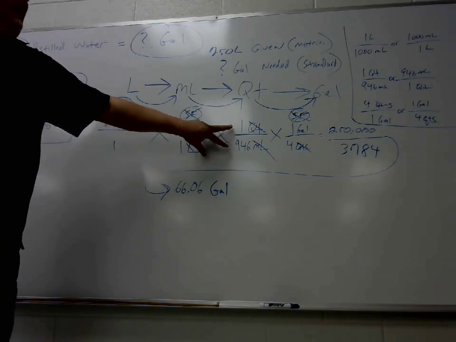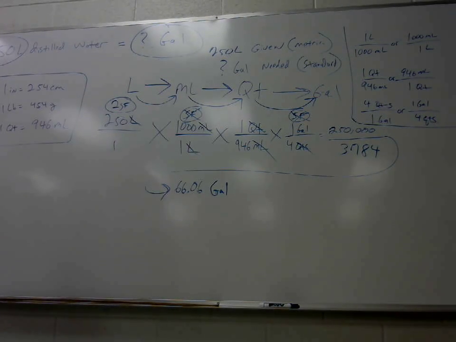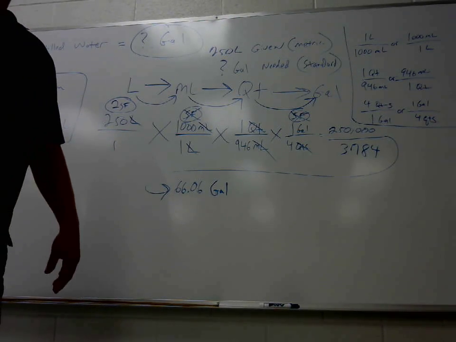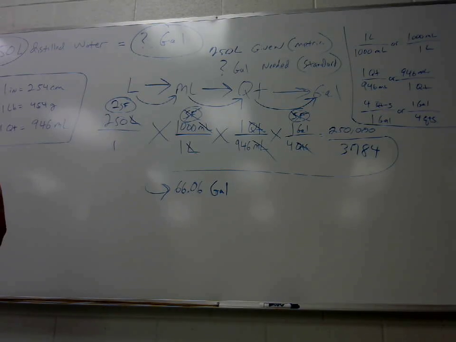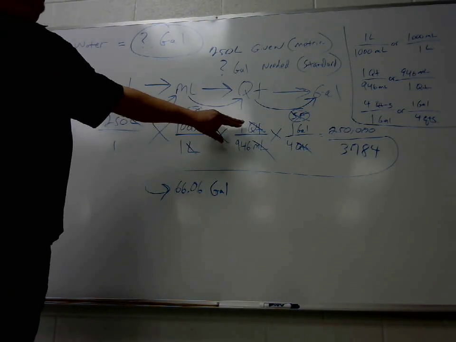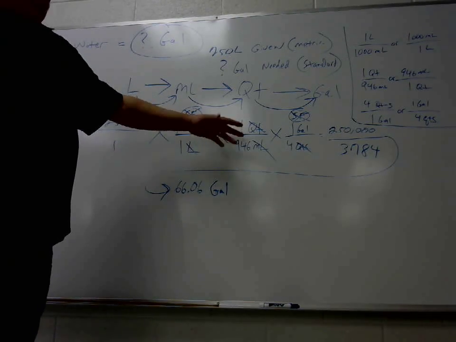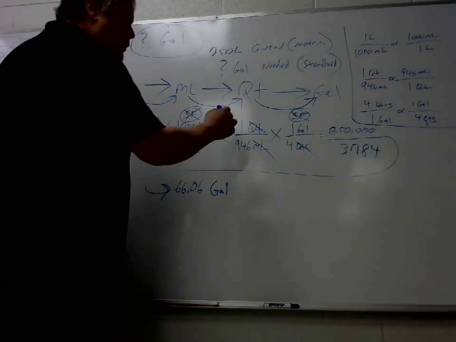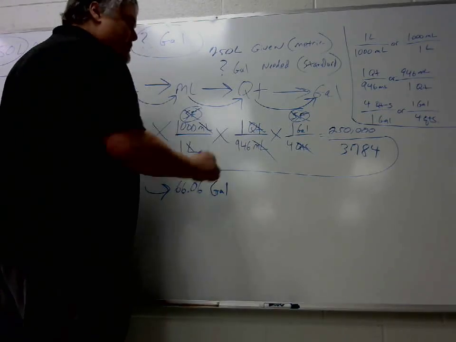1 quart to 946 milliliters is a different story. That's a standard to metric conversion, and with standard to metric conversions, you do consider the number of significant figures. But you do not count one of them. 99% of the time, one is going to be 1, and the other is going to be a measured value.